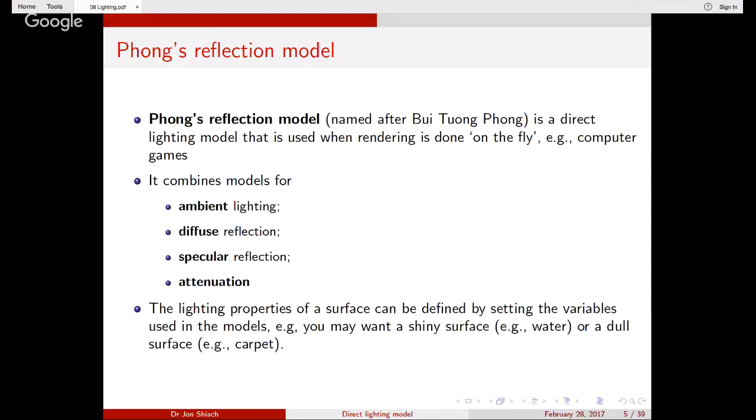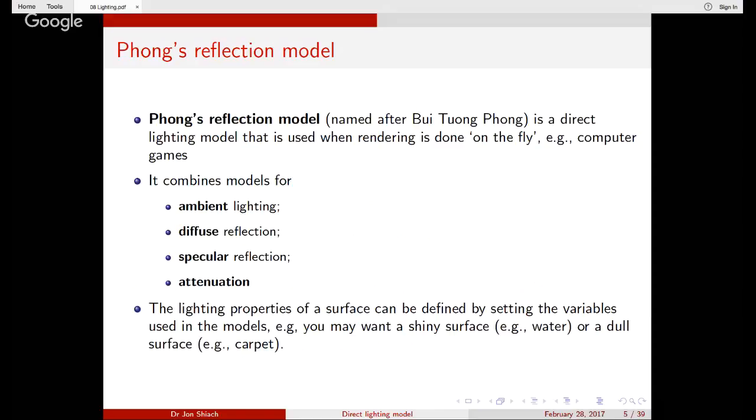Each model has quite a few variables, and we'll go through them in a minute. By setting these variables at different values, we can determine what the lighting properties should be of our surface. So, for example, you may want a shiny surface in your virtual world.